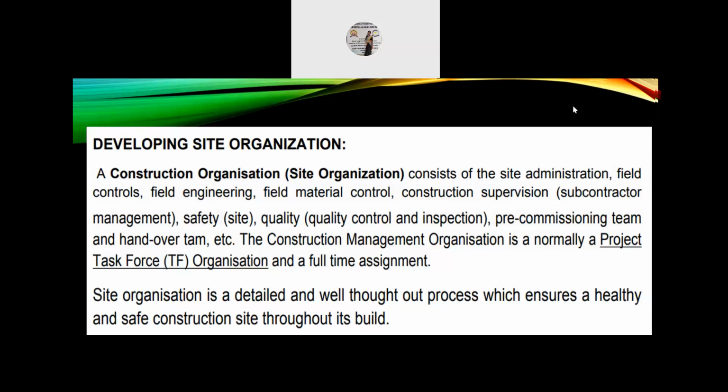Site organization is a detailed and well thought out process which ensures a healthy and safe construction site throughout its building.